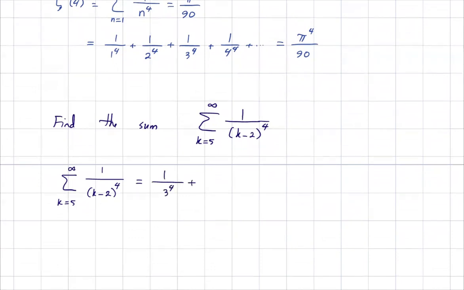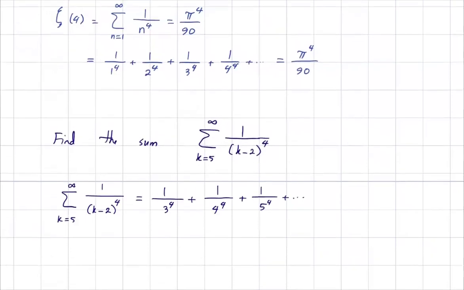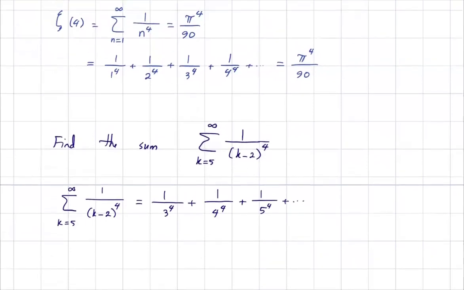If you plug in 6, you get 1 divided by 4 to the 4. If you plug in 7, you get 1 divided by 5 to the 4 and the rest of the terms. So if you compare zeta of 4 and this summation, you basically see some terms are missing. 1 over 1 to the 4th plus 1 over 2 to the 4th are missing.